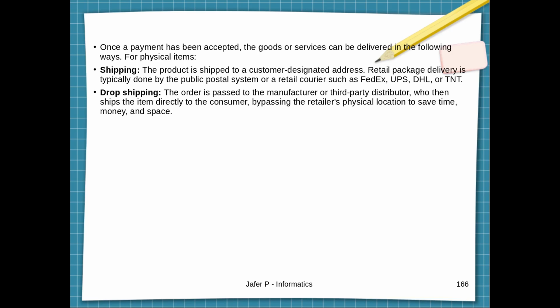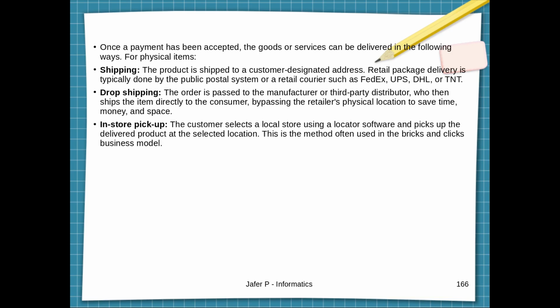So sometimes the manufacturers themselves collect the product and send it to the customer's physical address. They don't depend on courier service or the public postal system. They will directly come and give us the product. That is called drop shipping.